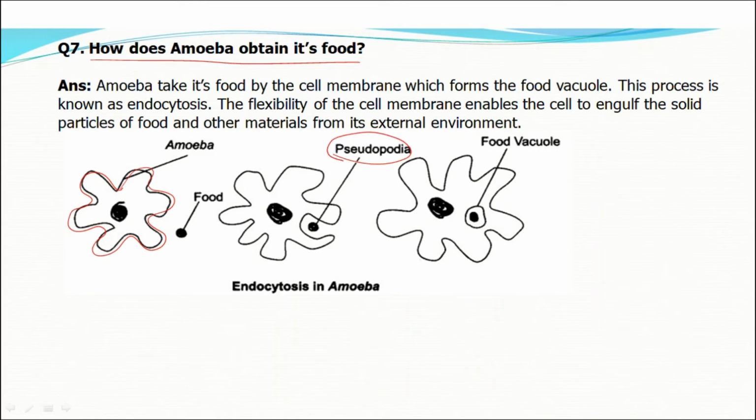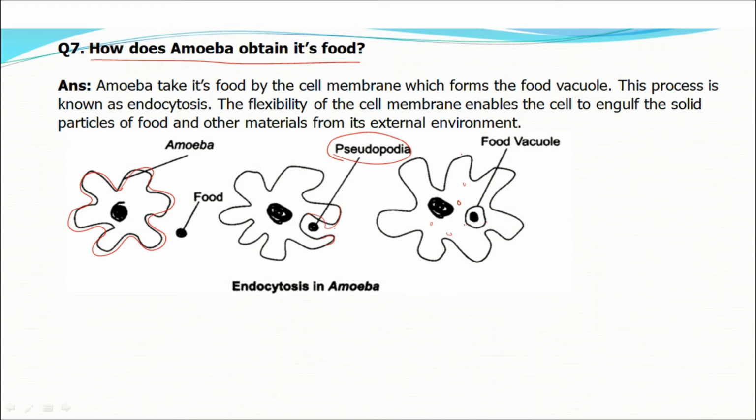With the help of pseudopodia, it surrounds the food particle and converts it into the food vacuole. As soon as the food vacuole is produced inside the amoeba, the enzymes present inside the amoeba digest the food particle. Are you getting it? In this way, amoeba obtain its food.